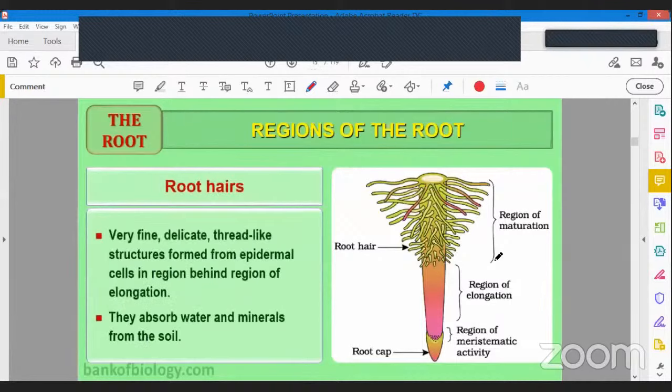Then the region of maturation will have very fine, delicate thread-like structures formed from the epidermal cells in the region behind the region of elongation. Can you see here? They absorb water and minerals from soil.